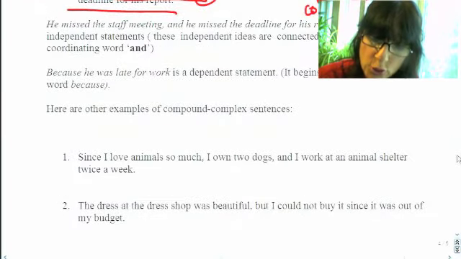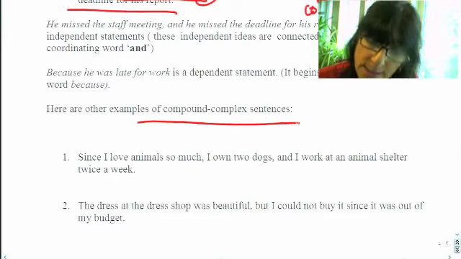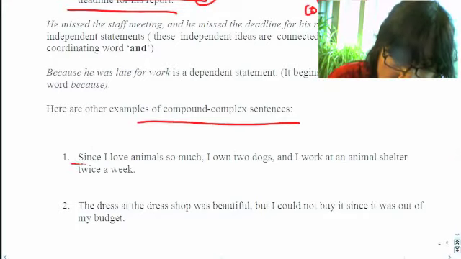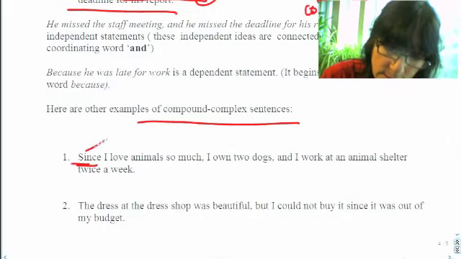And let's take a look at two final examples of compound complex sentences. Since I love animals so much, I own 2 dogs, and I work at an animal shelter twice a week. All right, you started with the word since. Since is a dependent word. It's one of those words in the list that start dependent clauses. So since I love animals so much is dependent, so there's your complex part.